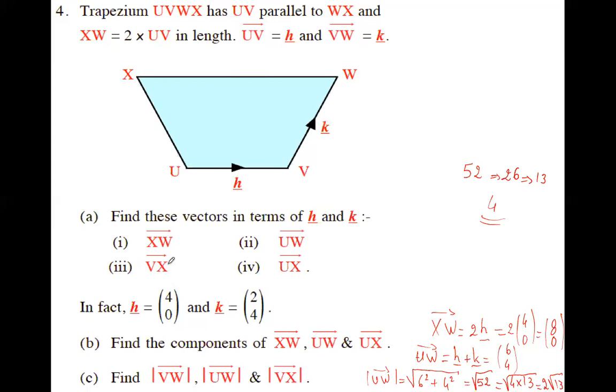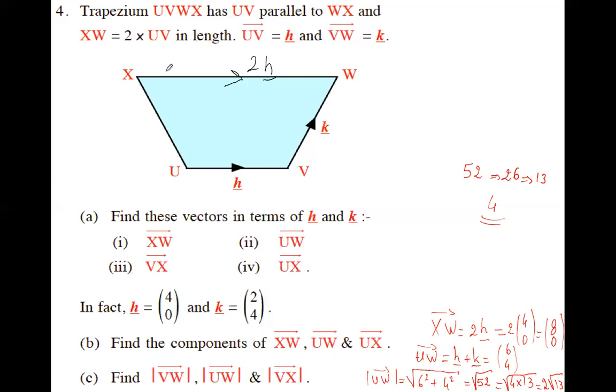Now VX. In order to go from V to X, I'm going to use a path where I know what I've got. So we had 2H, remember at the top there? So I'm going to use this path here from V to W, that's K. And then I'm going to do W to X. So XW is 2H.